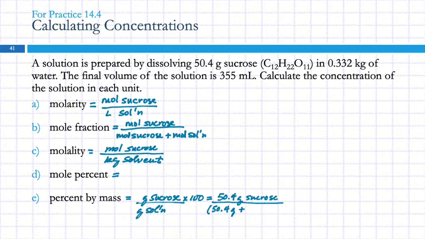It's going to be 332 grams. Just be careful when you're dividing by those numbers that are added. So 50.4 divided by, use your parentheses, 50.4 plus 332 equals times 100.